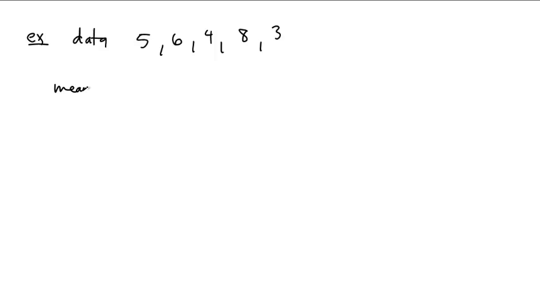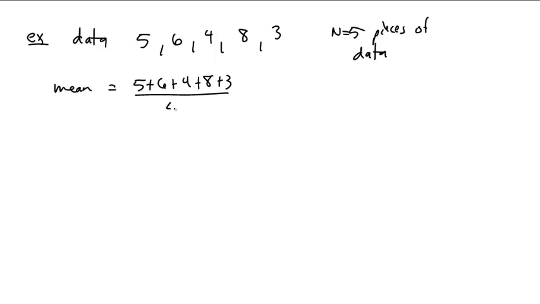What is the mean? Well, we have 5 pieces of data, so n is 5. The mean is 5 plus 6 plus 4 plus 8 plus 3, all divided by 5, which is 11, 15, 23, 26 over 5, which is 5.2.